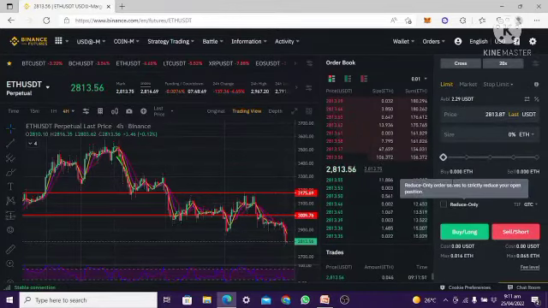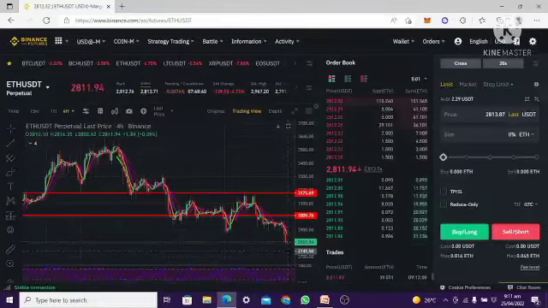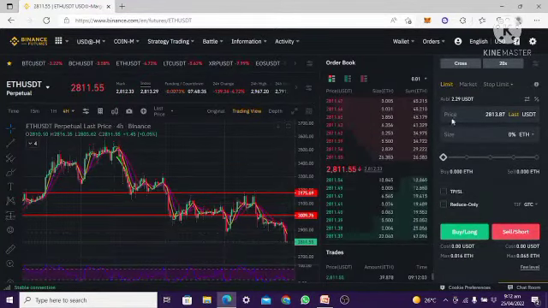So if my order gets picked and the price goes against my direction, if the price is shutting down and I'm longing the market, I'm going to be losing some money, and the cross margin is going to use my balance here to maintain that position for me.